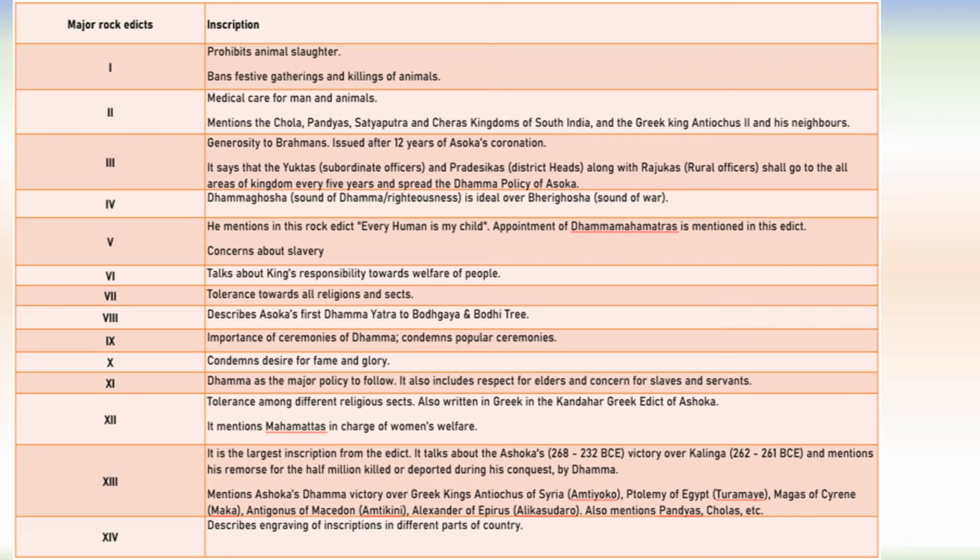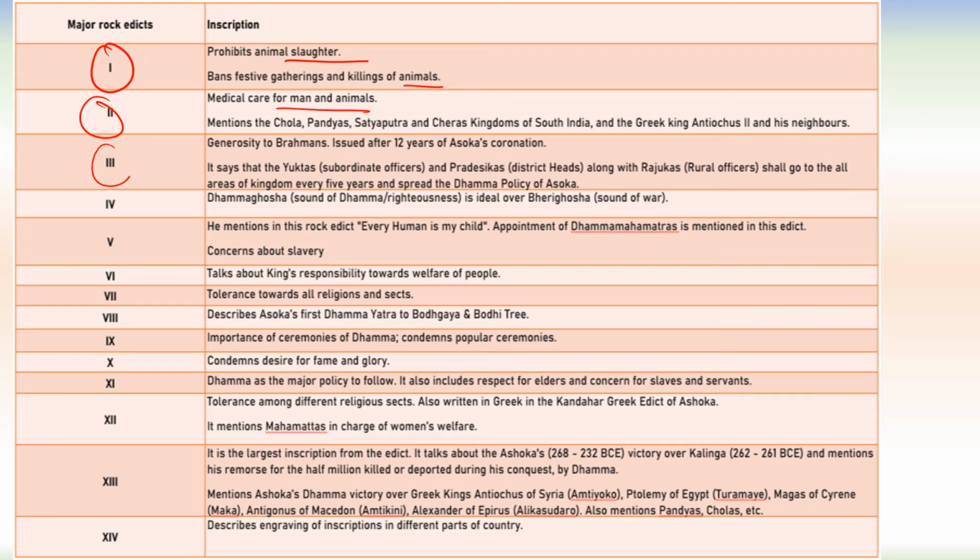So ये अशोका के शिलालेख हैं. पहले शिलालेख में प्रोहिबिशन ऑफ एनिमल स्लॉटर ये दिया गया है, where he bans festive gatherings and killing of animals. सेकेंड में है मेडिकल केयर फॉर मैन एंड एनिमल्स.